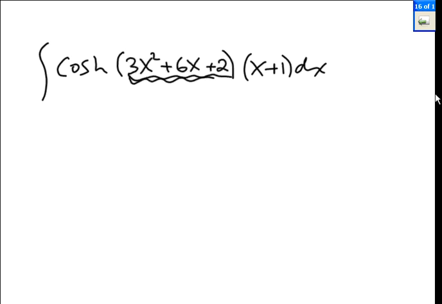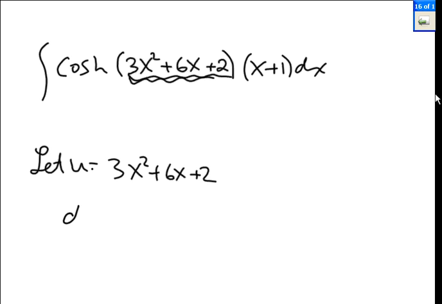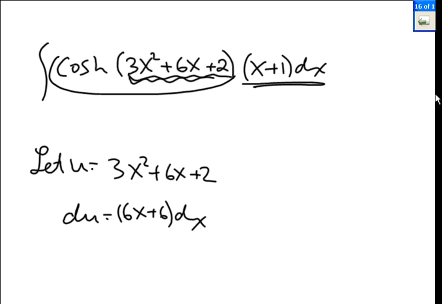But if it's more complicated, let it be u. Let u equal 3x squared plus 6x plus 2. Well then du will be 6x plus 6 dx. Well, that doesn't look like this, because I'm reserving this for a cosh of u.